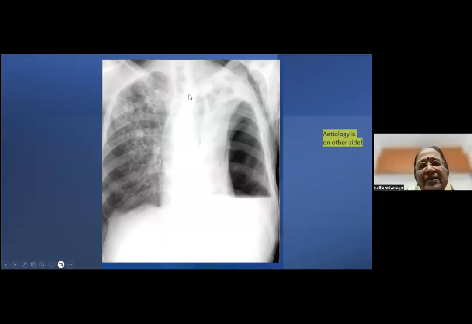Okay, we are going bilateral now. Okay, I gave you a clue also. So what is this? Yes, both sides of the lung, something is wrong, right?